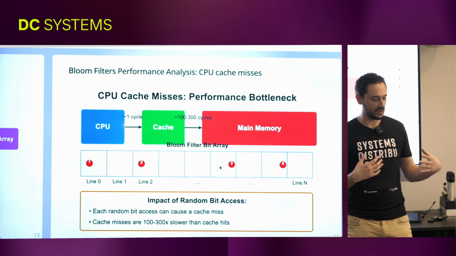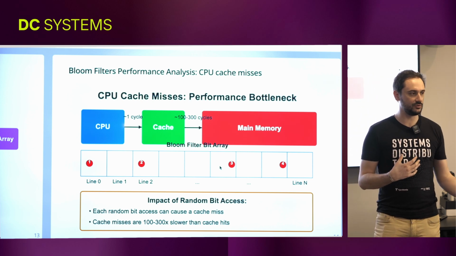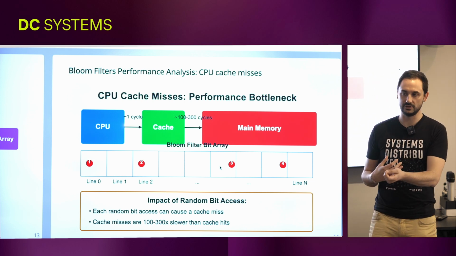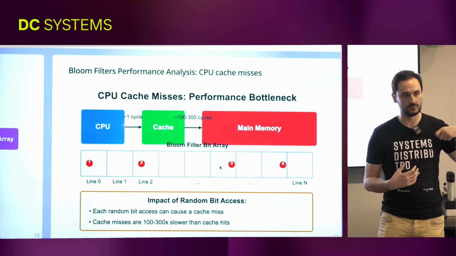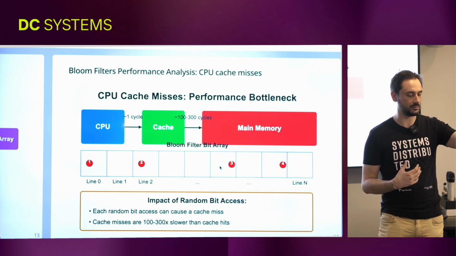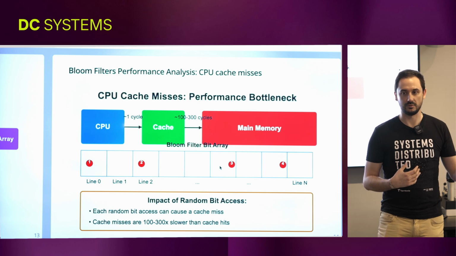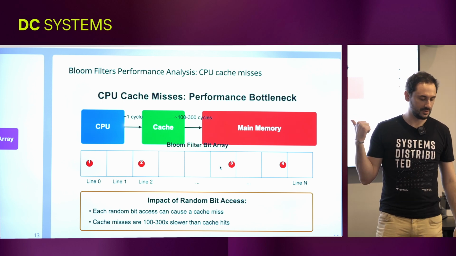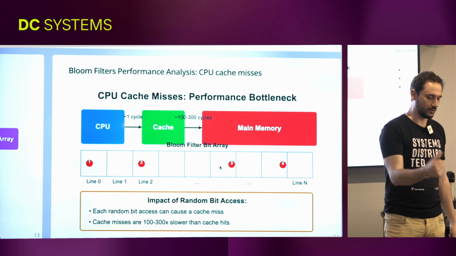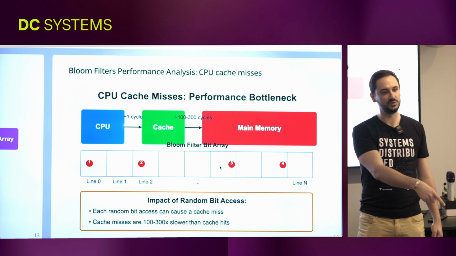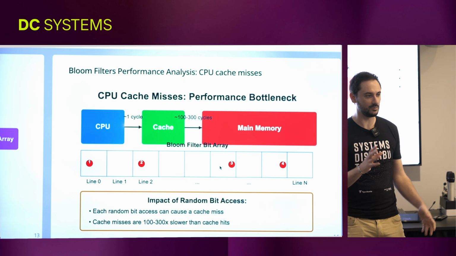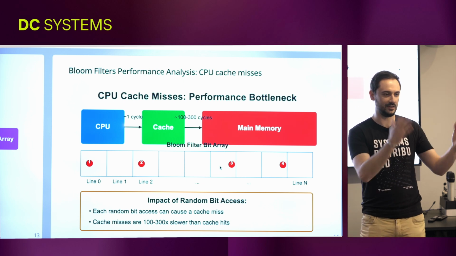And if you're doing this for every bit that you're writing to the filter, you end up incurring the cost of that read and write latency to main memory every time. So if we're doing it 10 times, we're already at like 1,000 to 3,000 CPU cycles spent on doing nothing but waiting for memory to arrive and then sending it back.